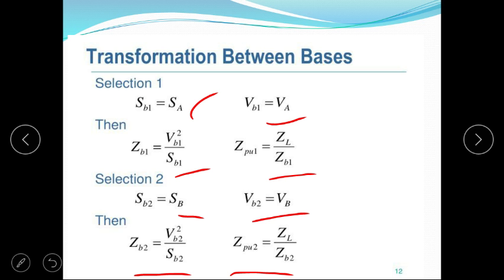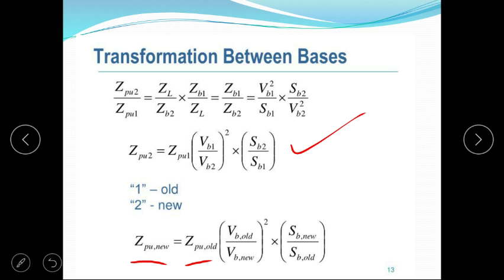On the basis of the first base values, we consider that S base 1 is equal to SA, V base 1 is equal to VA, and Z base 1 is equal to V base 1 squared upon S base 1. Z per unit is equal to Z actual upon Z base 1. Similarly on the second base values, S base 2 is equal to S base, V base 2 is equal to V base, Z base 2 is equal to V base 2 squared upon S base 2, and Z per unit 2 is equal to Z actual upon Z base 2.